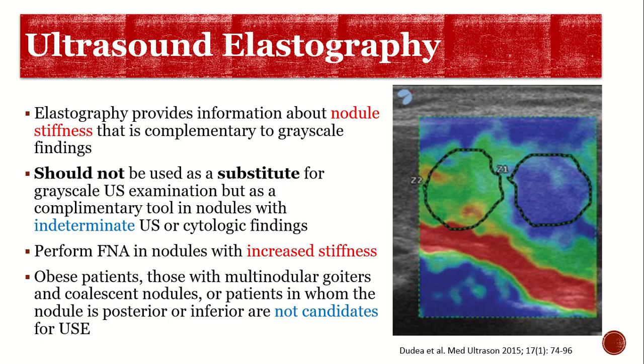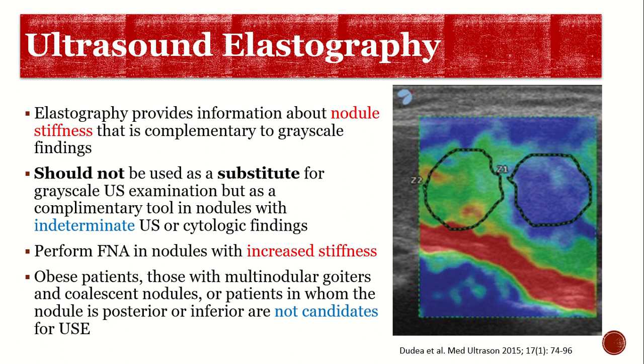Now, moving to ancillary imaging techniques, we see ultrasound elastography, which measures the stiffness of the thyroid nodule. It should not be substituted for grayscale ultrasonography, and it should be done for indeterminate cytology after FNA, and we may perform FNA when there is increased stiffness.